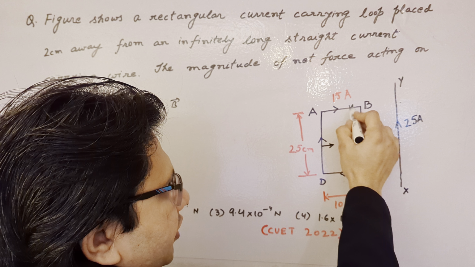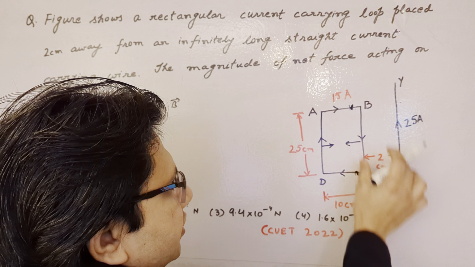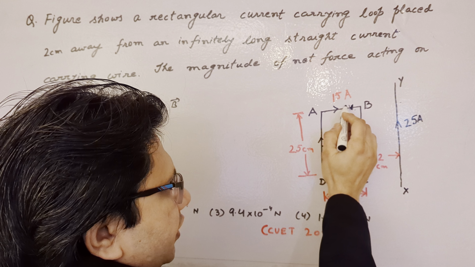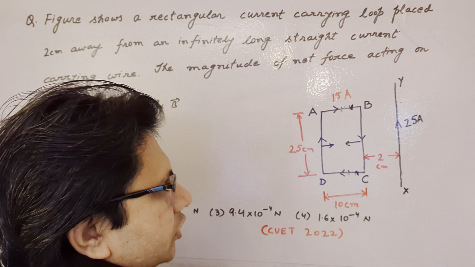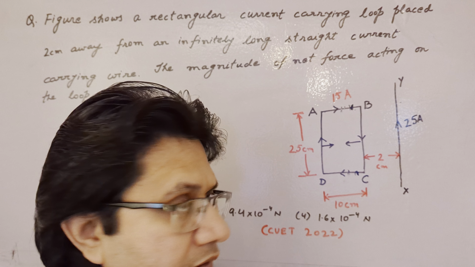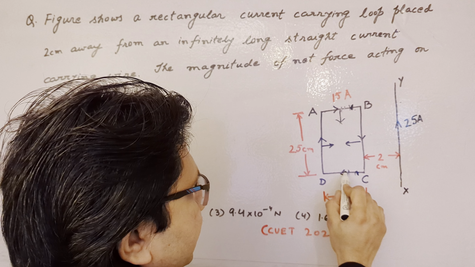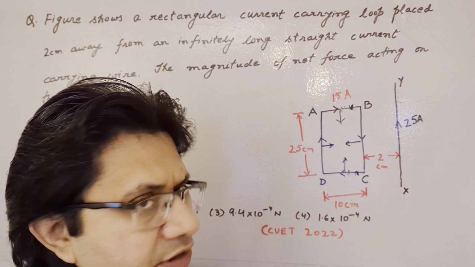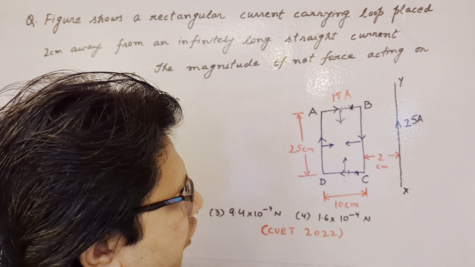For example, if we take a small segment here, the distance is the same, and we can find different segments which match in terms of distance. In other words, the magnitude of the force acting on these two wires is the same, but the direction is downwards for the AB segment and upwards for the DC segment. So these two forces cancel each other because they are the same in magnitude but opposite in direction.